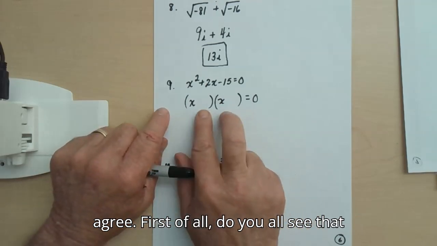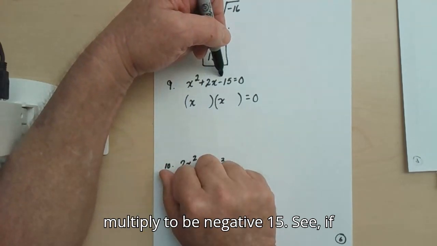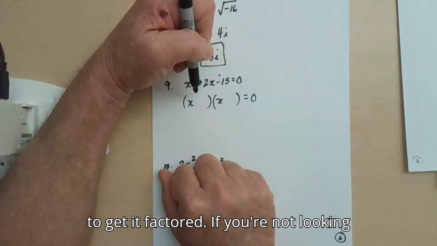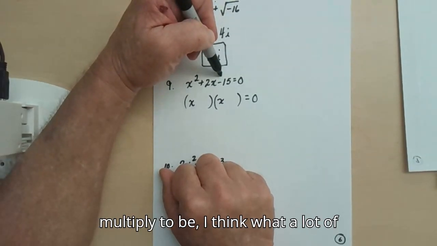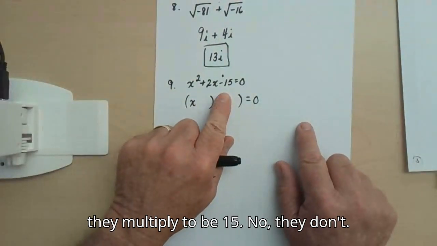First of all, do y'all see that these two numbers are going to have opposite signs? Because they multiply to be -15. If you're not looking at that before you look at anything else, you're not going to get it factored. I think what a lot of students do is they look and they go, oh, they multiply to be 15. No, they don't.